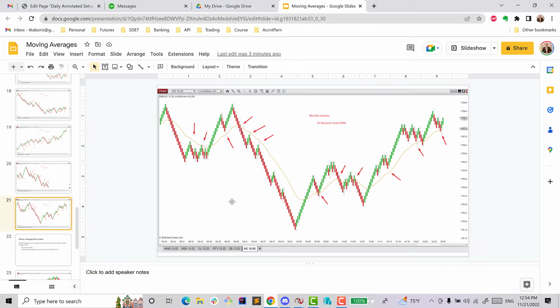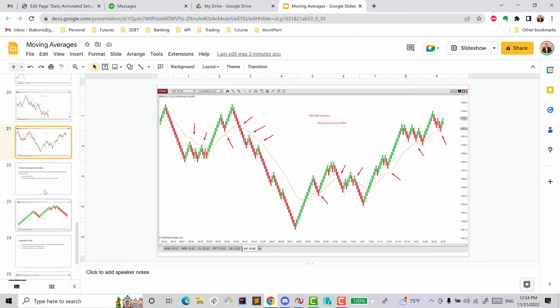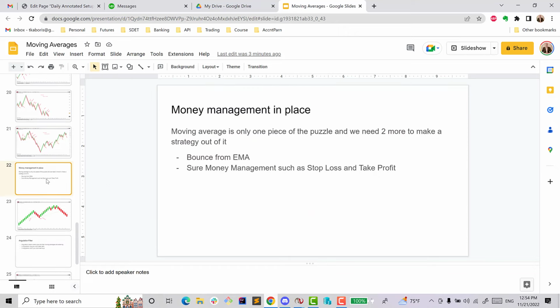Moving averages are only one piece of the puzzle, and we probably need two more to make a strategy out of it. We need a bounce from EMA, and we need a sure money management. Let's look. If we are trading Ninja, we have EMA here, which is point number 1.